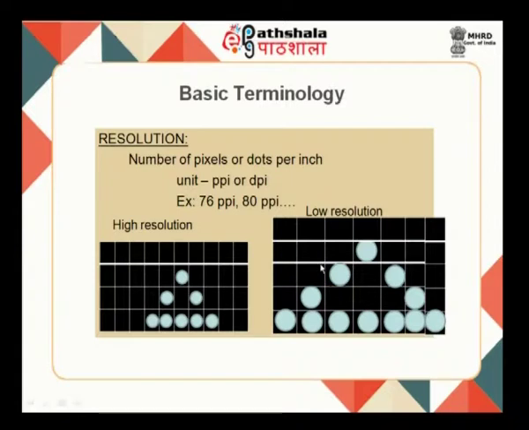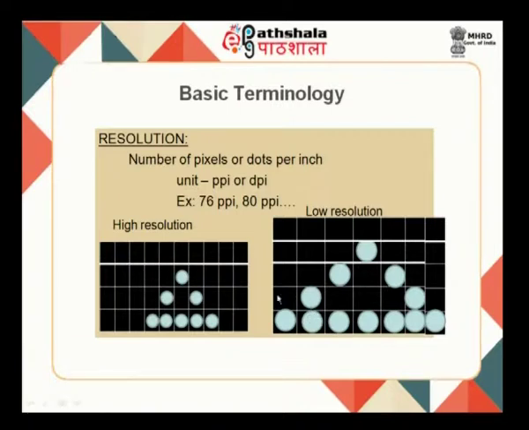So, that is where the difference is, and some standard resolutions are given here, like 76 pixels per inch and 80 pixels per inch and so on. Generally your printers also have resolutions measured in DPI, which is dots per inch. Your printer resolutions are far higher than the monitor resolutions.